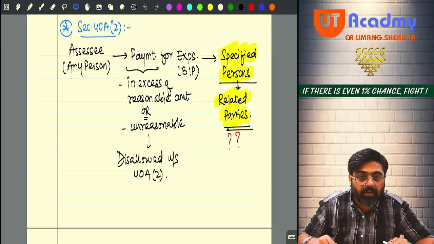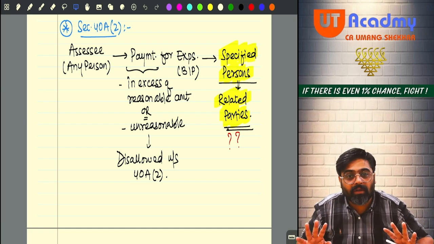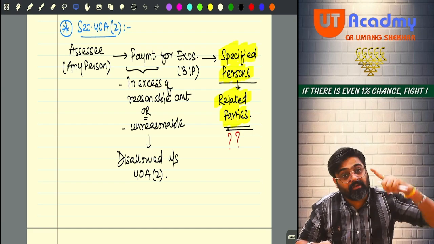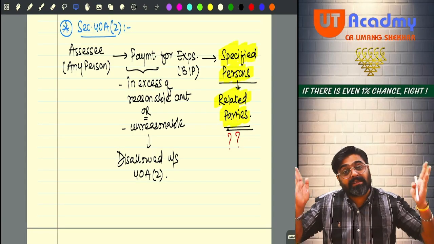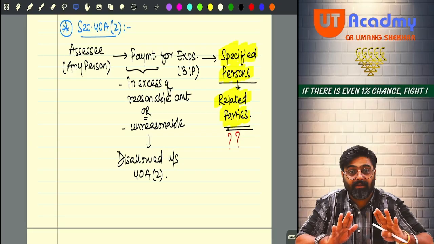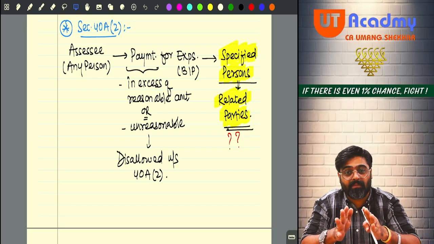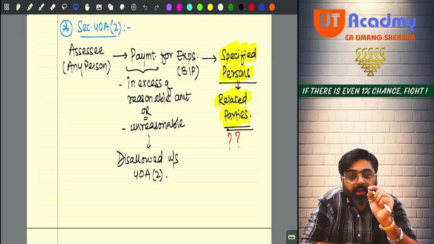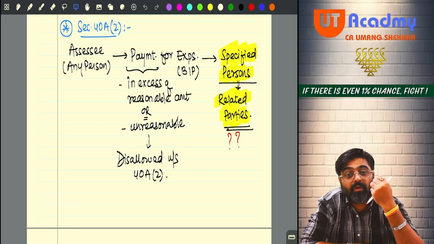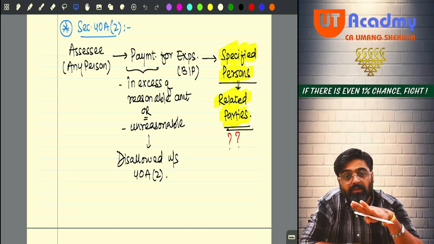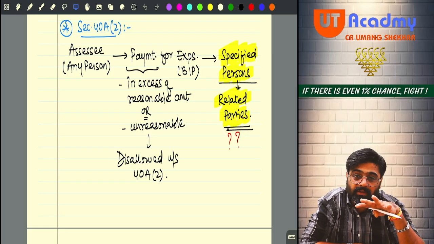How much have you paid, sir? 1 lakh. According to us, 60,000 is unreasonable, the excess amount which you are paying. Even if you had taken the best experienced engineer in your company, you would have paid maximum 40,000. And you are paying 1 lakh. We don't believe you. According to us, there is something fishy.